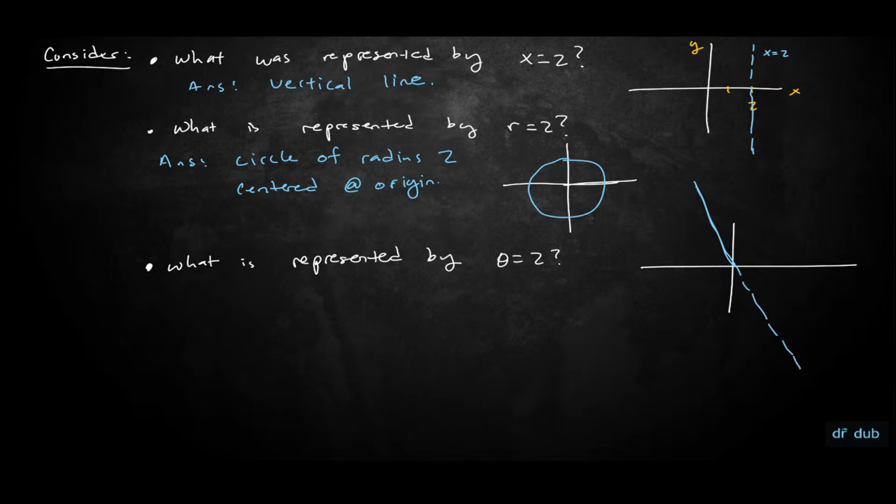And it's just a straight line, theta equals 2, whereas this was r equals 2. So the answer here is if you fix theta and let r vary, you get a straight line along theta equals 2 radians. So that's all that is.